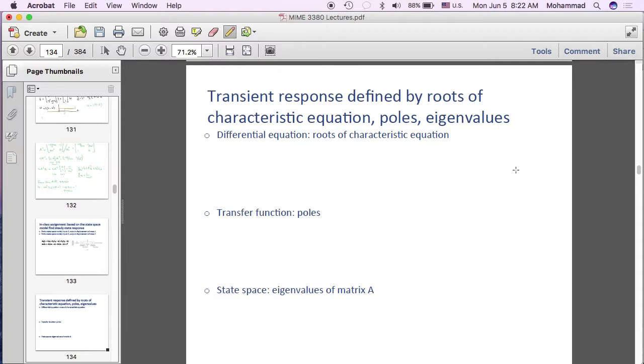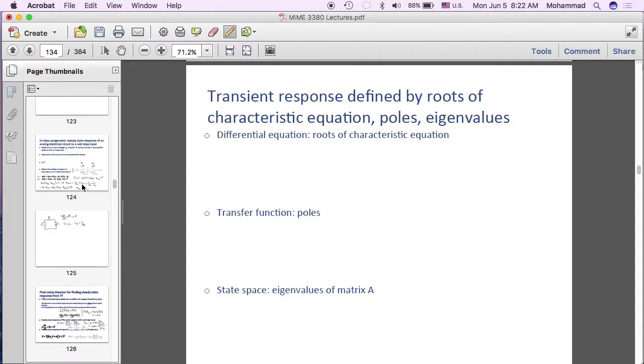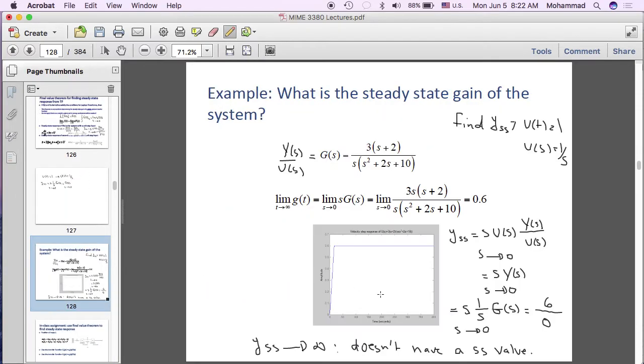And the transient response was what? What was the definition of the transient response? Let me ask you in the middle. Do you remember the transient response? If you look at the response of a system, for example, this is not a bad example. If this is the response of a system, for a span of time, this response is changing.